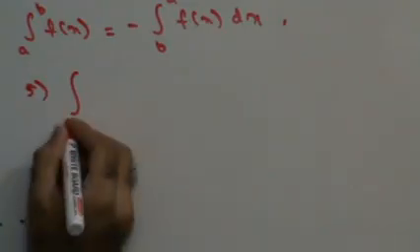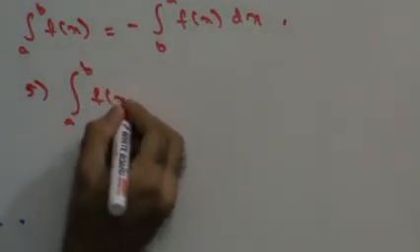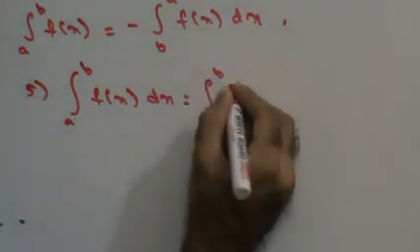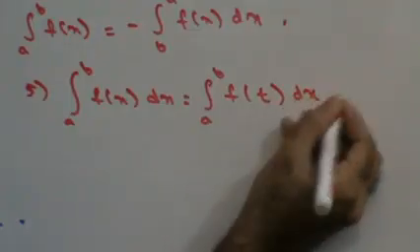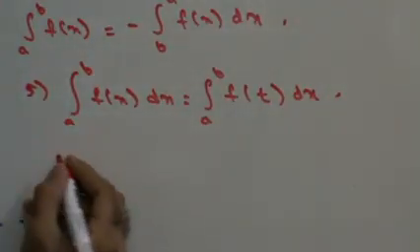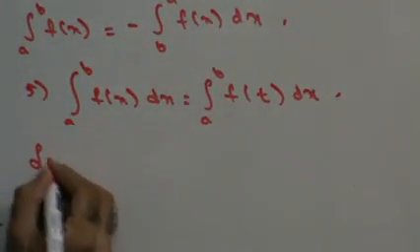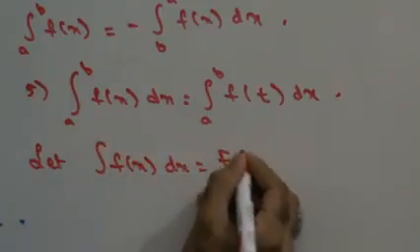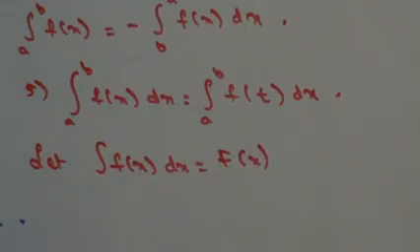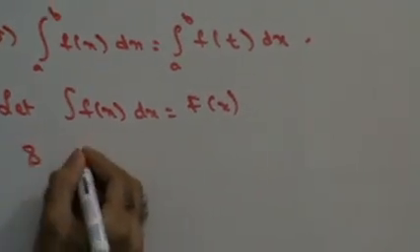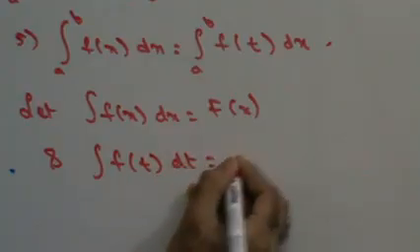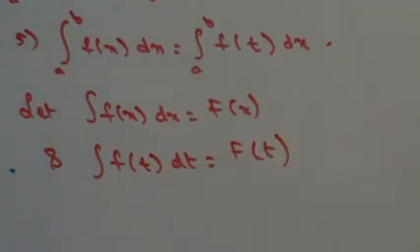Integral of a to b f of x dx is integral of a to b f of t dt. Now, let us assume that integral of f of x with respect to x is capital F of x, and let us also assume that integral of f of t with respect to t is capital F of t.